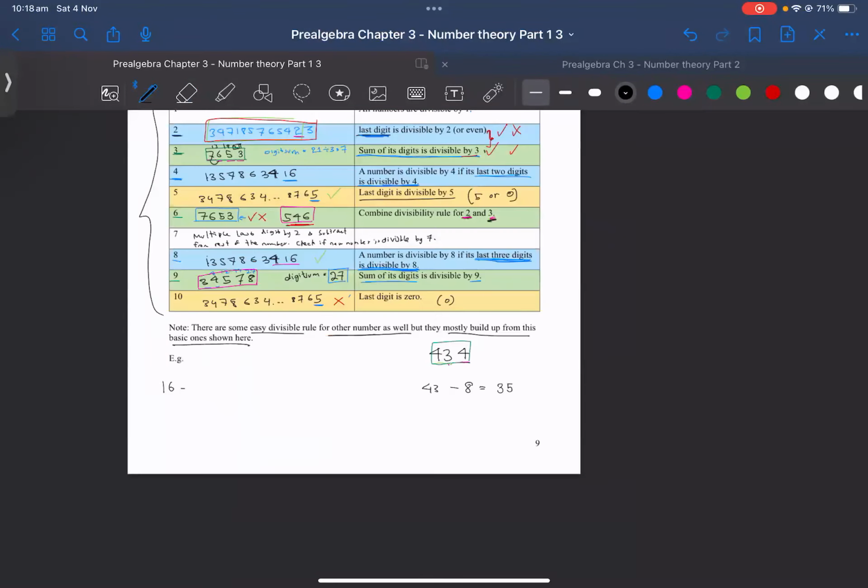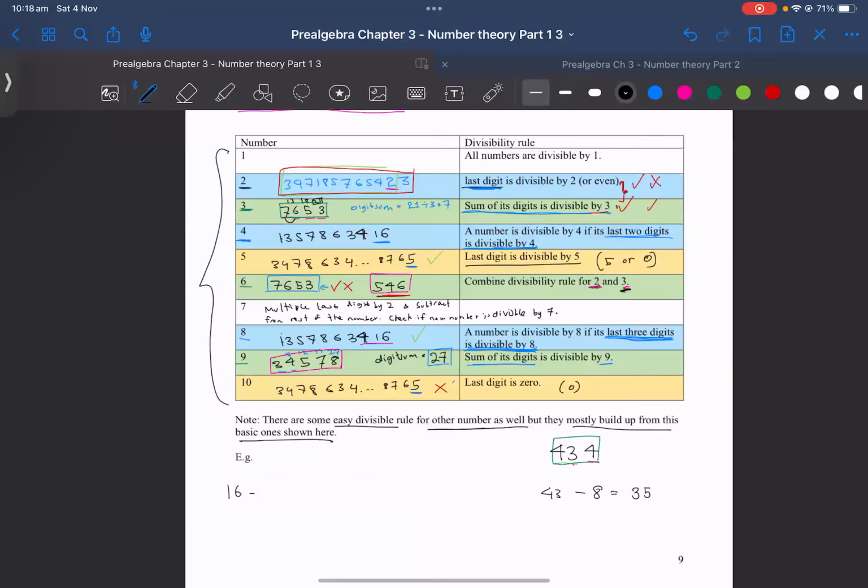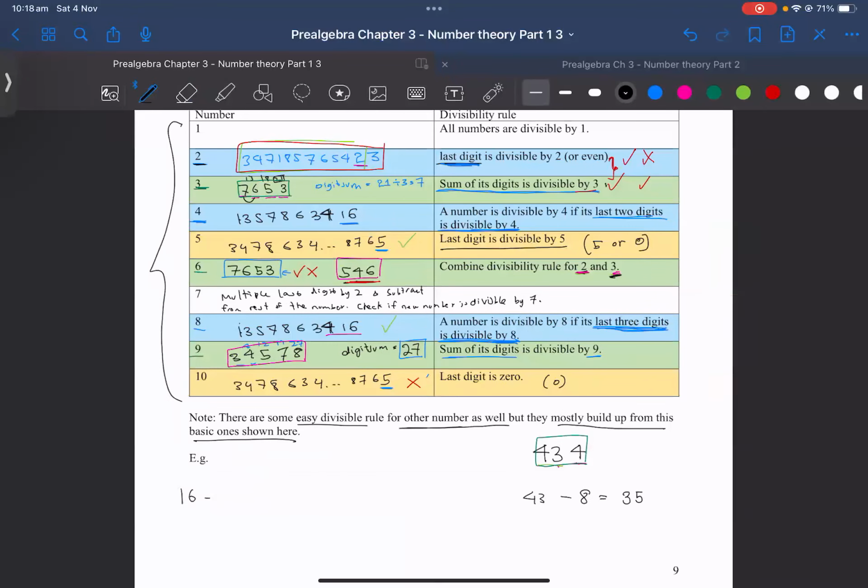It's very similar to 2, 4, 8. For 2 it was the last digit, for 4 the last 2 digits, for 8 the last 3 digits. For 16, it will be the last 4, I guess. Very good. Last 4 digits. You'll see why soon when we go into this section specifically.